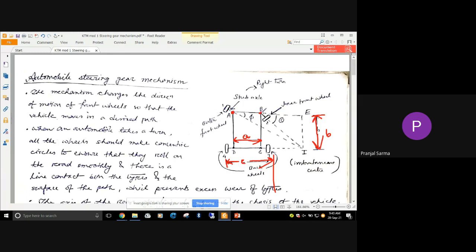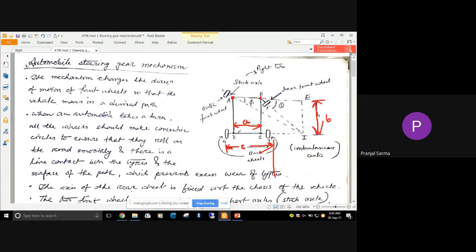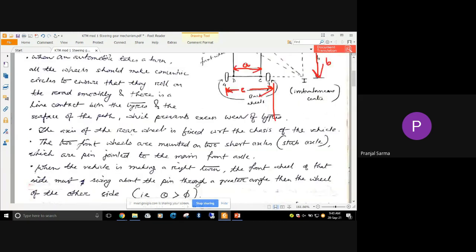The distance between these two pivots is a, and c is generally bigger than a. Right now in this figure it looks something like this.